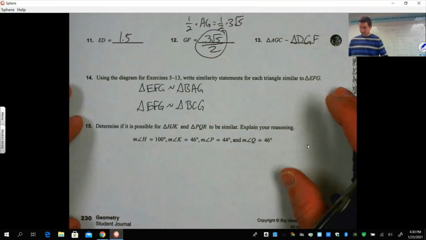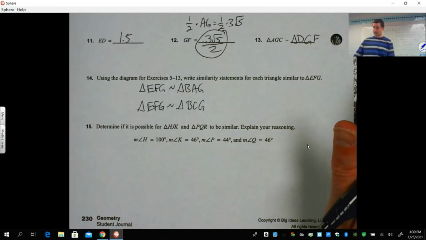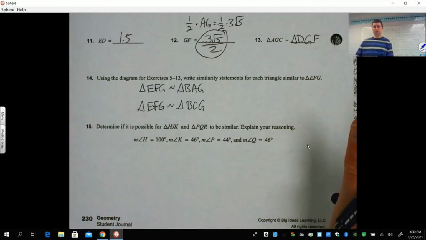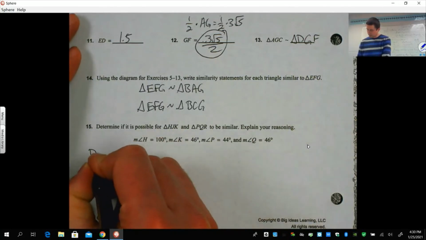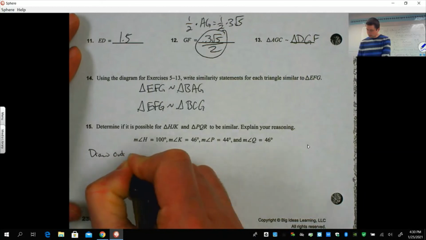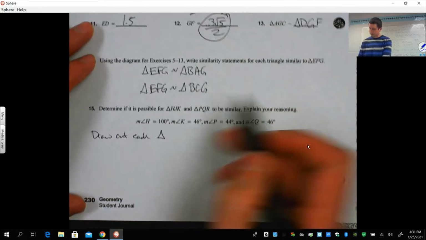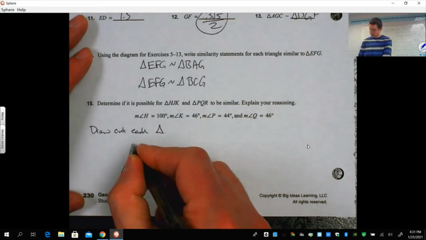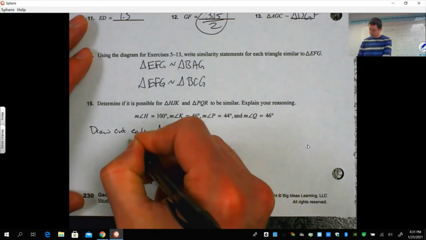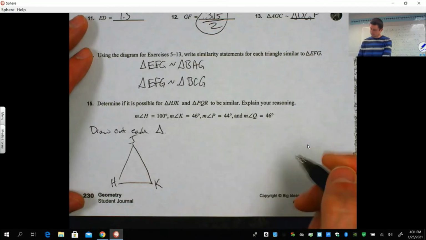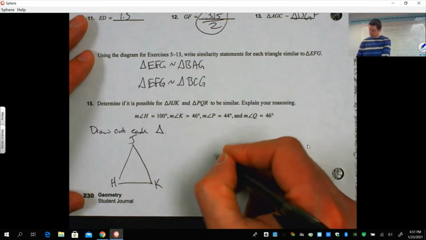Final question. Determine if it is possible for triangle HJK and triangle PQR to be similar. Explain your reasoning. On this one you want to draw out each triangle. It doesn't have to be to scale, doesn't have to be perfect. So HJK, let's call that H, that one J, and that one K, and PQR.